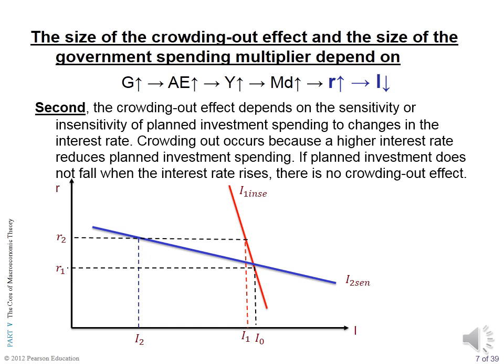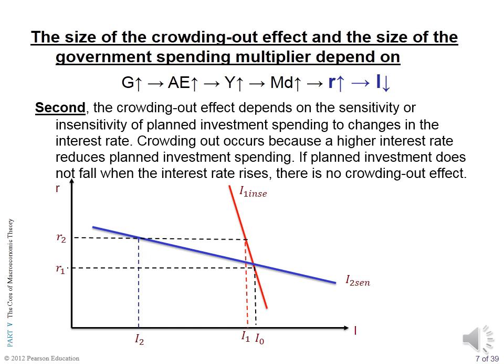If the investment function is sensitive, elastic, flatter, with a small slope, the response to the same increase in interest rate will be very big, and therefore the crowding out effect will be very big. Got it? So the crowding out effect will be small in two cases.